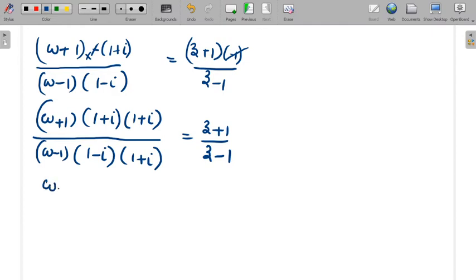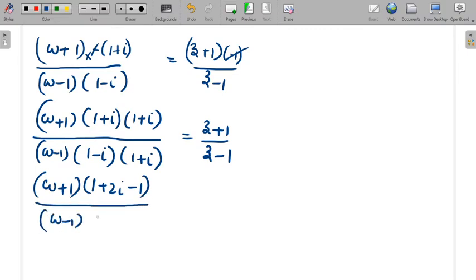So we have W plus 1 into 1 plus I square. So 1 plus I square is 2I, divided by W minus 1 into 1 plus I into 1 minus I, which is 1 minus I square, that is 2. So that is equal to Z plus 1 divided by Z minus 1.